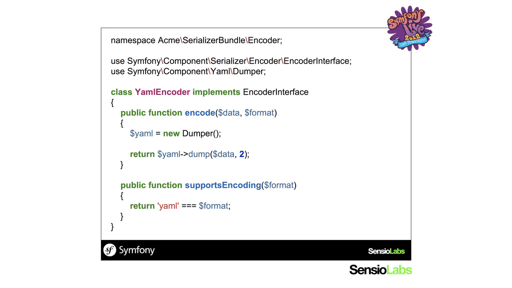It's just a matter of implementing the encoder interface, so I have to implement my encode method that takes the data, the array I want to convert. And as Symfony comes with the YAML component, I can use the YAML dumper object to convert the PHP array to a YAML output. As you can see, the supports encoding method makes sure that we support the YAML format.